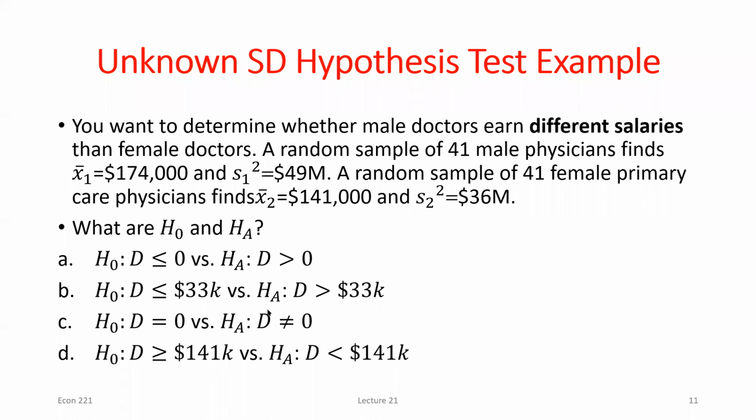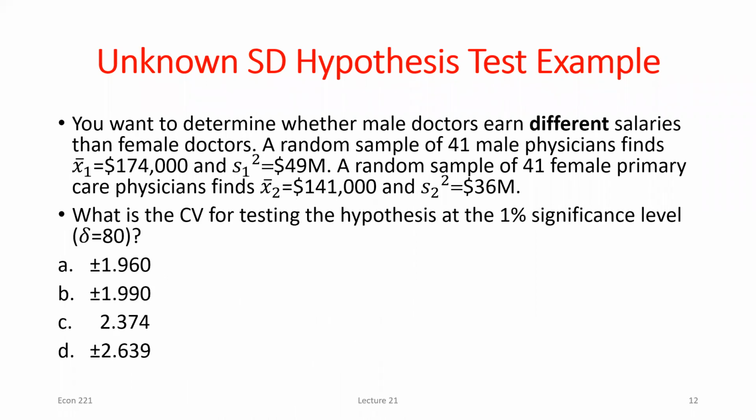So we're going to have a graphic here. If we wanted to find the critical values, it's just like we were doing before. It's just now those critical values come from a student t distribution. So if I've got the 1% significance level, my alpha is 0.01.